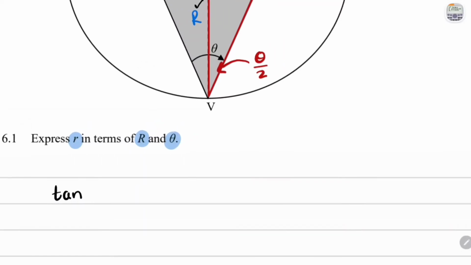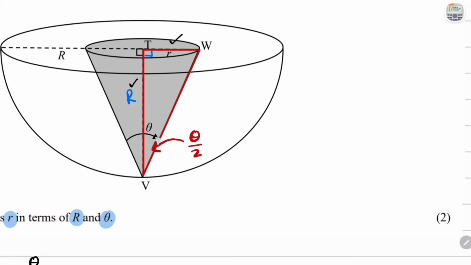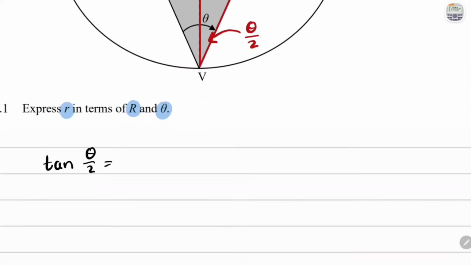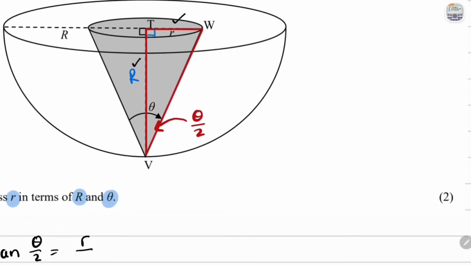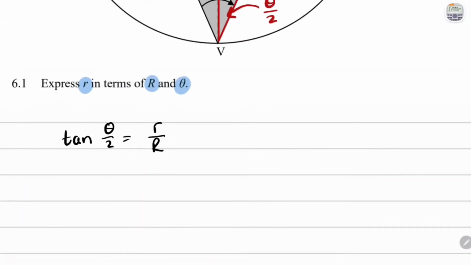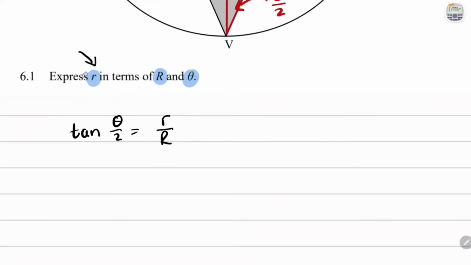So tan of, and our angle is theta over 2, is equal to, and we have an opposite side of r, right? So opposite over adjacent for TOA. And the adjacent side is big letter R. But here's the thing. They said express r, small letter r, in terms of this. So we need to make that the subject of the formula. To do that, you just have to get rid of the big R on the denominator.